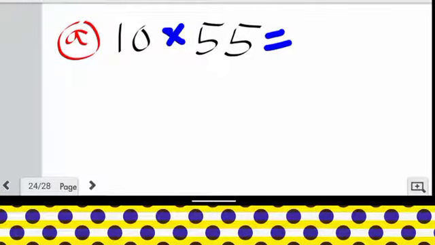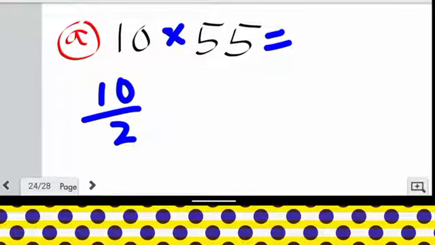As we know from the previous lesson, whenever you want to multiply an even number by 5, you divide the number by 2 and add 0. The same thing we are going to do here, but whatever we have, we double it and add 0. So from here we have 10 divided by 2, and this is going to give us 5.